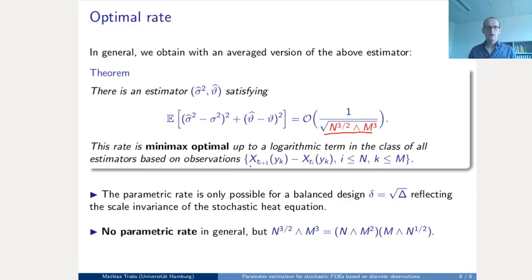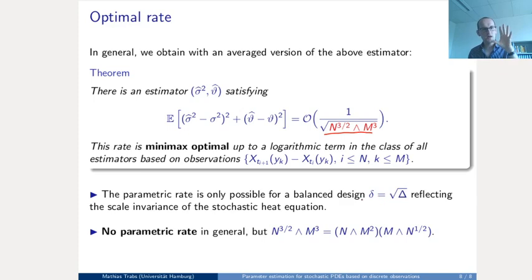So what we see is that if we are in the balanced design, we have this parametric rate. And this comes from the fact that we have the same amount of information in time and in space, where the square root that you have here reflects the scale invariance of the stochastic heat equation.